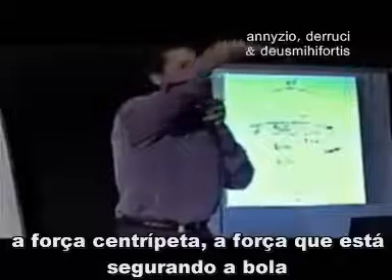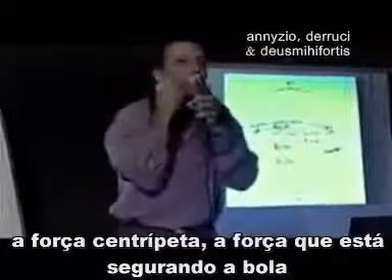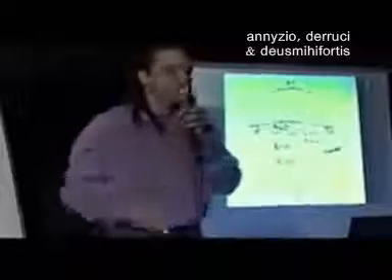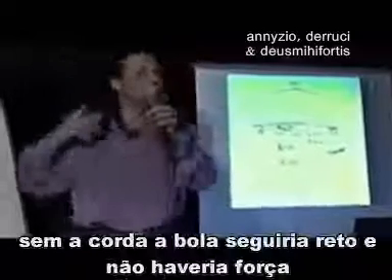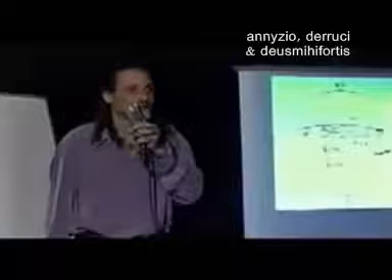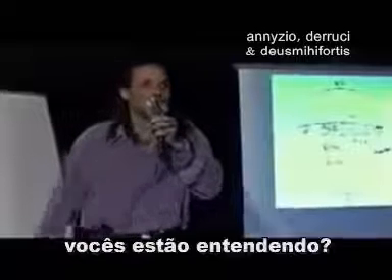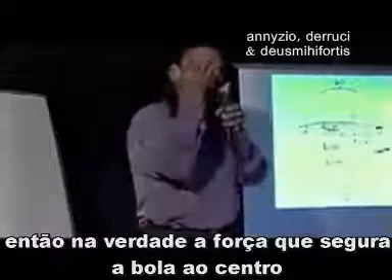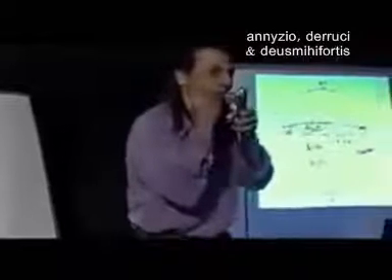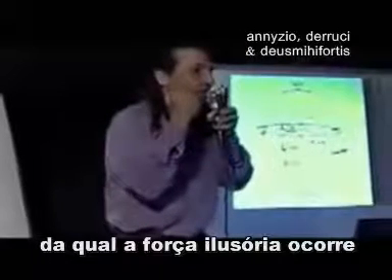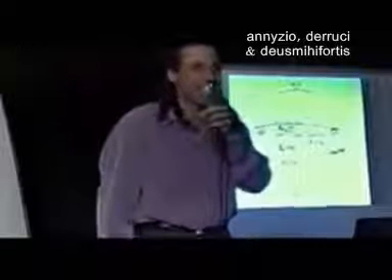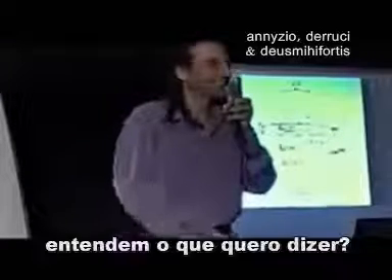The centripetal force, the force that's holding the ball to the center, is what's making it go in a circle. Without the string, the ball is going straight and there's no force. You guys follow me? So actually the force that holds to the center is the primary force from which the illusionary radiation occurs. Do you see what I'm saying?